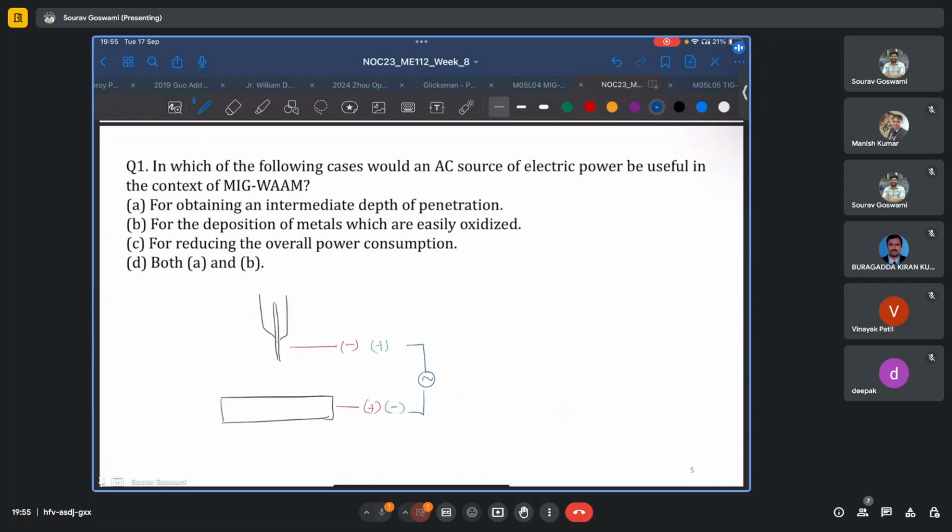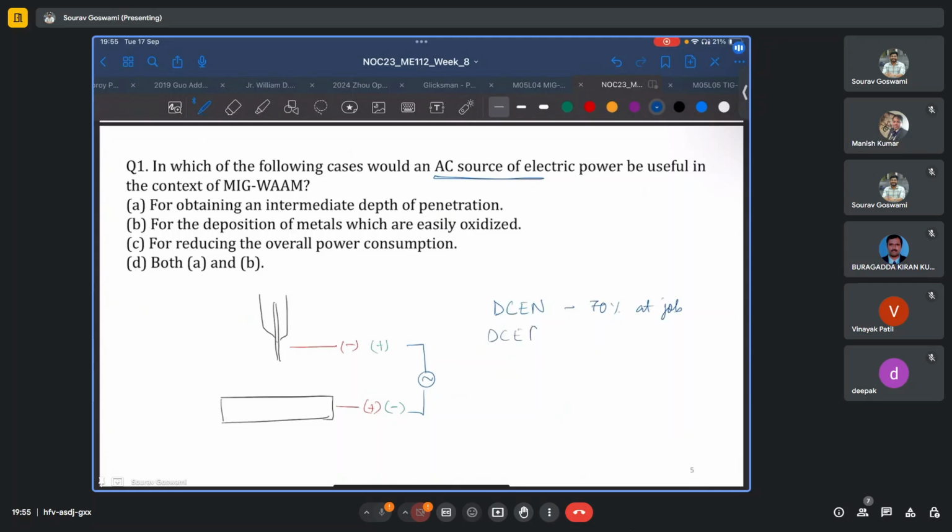So in which case would the AC source of electric power be preferable? Is it option A, for obtaining an intermediate depth of penetration? As we remember, in the case of DCEN type of setup, 70% of the energy was liberated at the job.